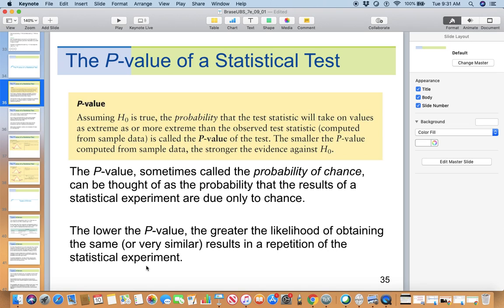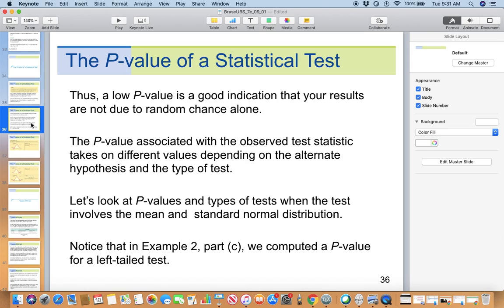Okay? The point to remember is, the smaller the p-value, the stronger the evidence against H naught. Thus, a low p-value is a good indication that your results are not due to random chance alone.